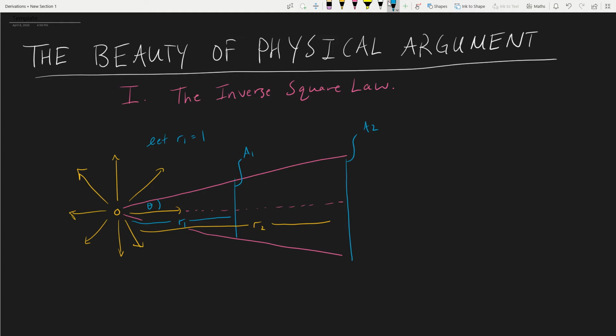I'm going to show you that R1 equals 1, and R2 equals twice R1, so R2 equals 2 in this case. This is a very simplistic example, but I wanted to make it as simple as possible to demonstrate how the inverse square law comes about. It simply comes about from sources that radiate, and when you make assumptions about what we're calling the intensity of that source.